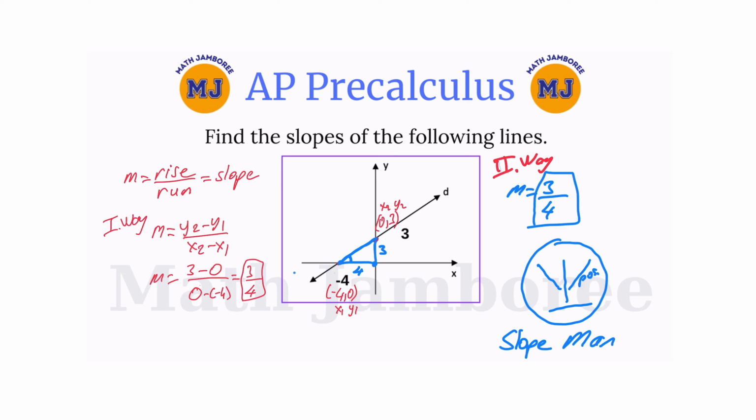As you can see, this is heading from left bottom to right top, so it's supposed to be a positive slope. We already found a positive number, which is 3 over 4. And if it's facing this way, from right bottom to left top, it's negative. If it's exactly horizontal, the slope is 0. If it's a vertical line, then the slope is undefined.